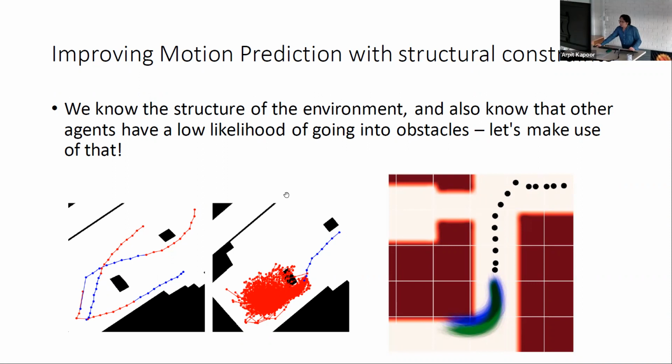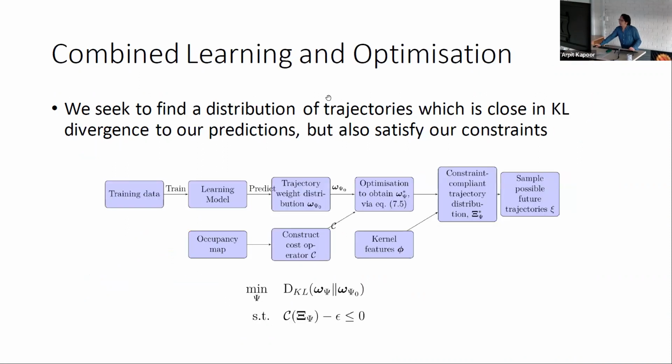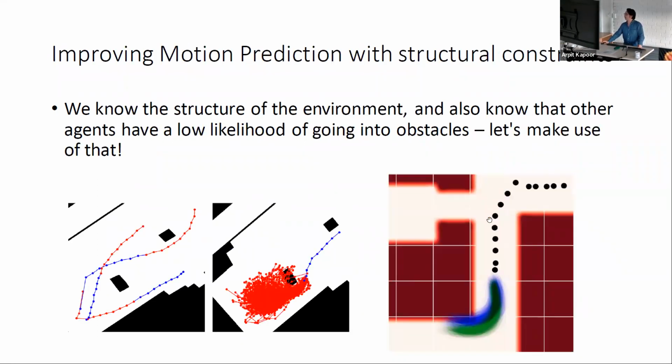But here we're actually going to formulate this combined learning and optimization problem, where we can then use trajectory optimization to fix up predictions that are kind of wrong. So here's an example, right?